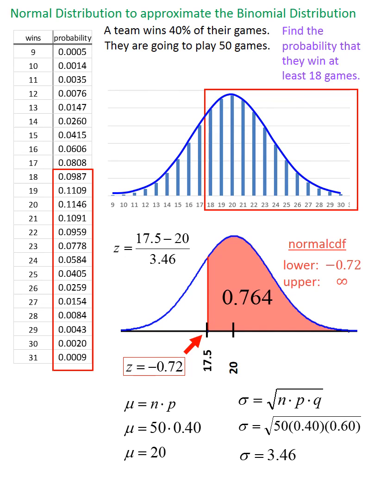And what that means is that we've approximated the probability of this team winning 18 or more games by using a normal distribution instead of the binomial probability distribution.